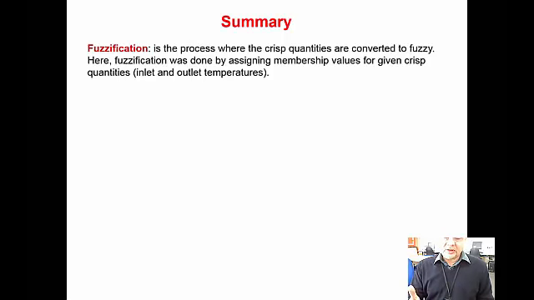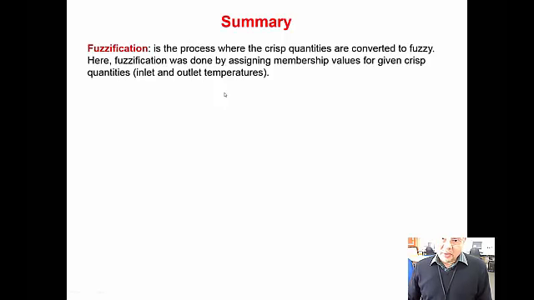We found that it belongs 60% in small positive and 40% in the medium positive. So fuzzification is the process where the crisp quantities are converted to fuzzy. Here, fuzzification was done by assigning membership values for a given crisp quantity, inlet and outlet temperature.